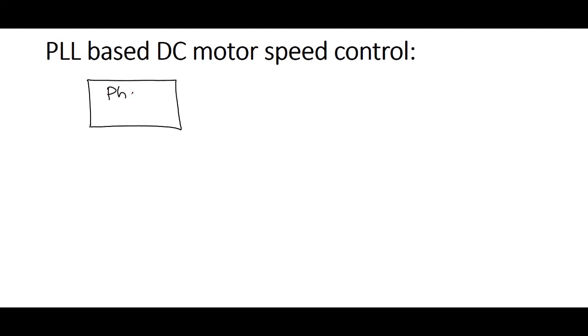This is the phase detector, the input block of the PLL, taking two pulse trains at the input. The error pulse train EE goes to a loop filter.